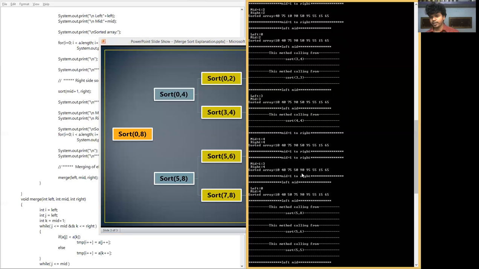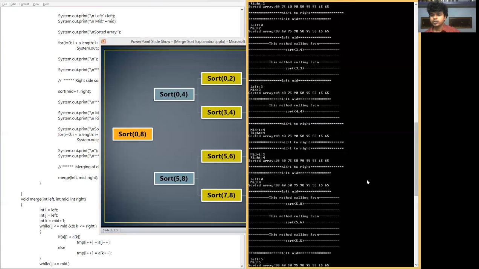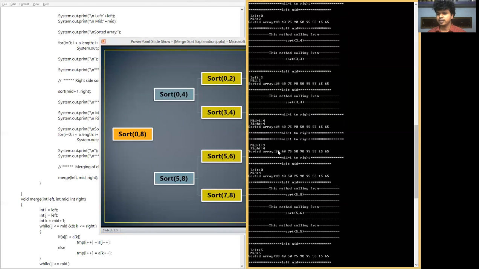So we are going to apply a merge sort technique on this such that they appear in ascending order. See, in this array, 75 is the third element, but 50 is the third element after applying the sorting technique: 10, 40, 50, 75, and 90.